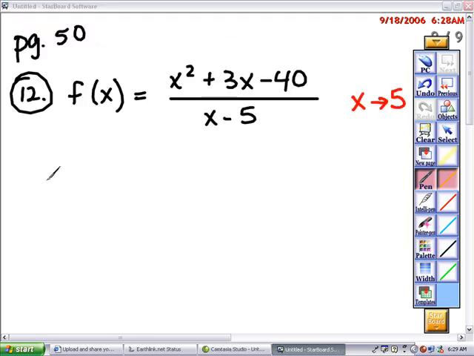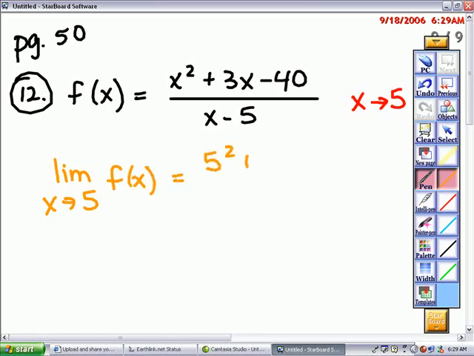The next problem we're going to look at is number 12, and this is also a rational function, but for this particular problem, if we try to evaluate the limit by direct substitution, what we will notice here is that we get an indeterminate form.